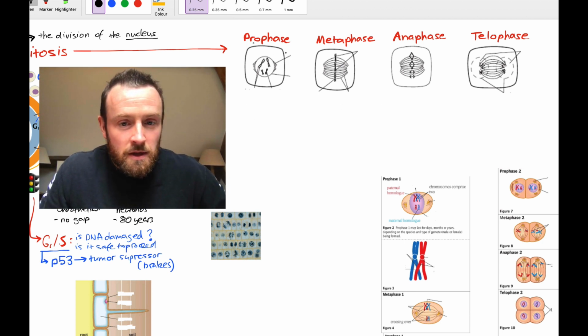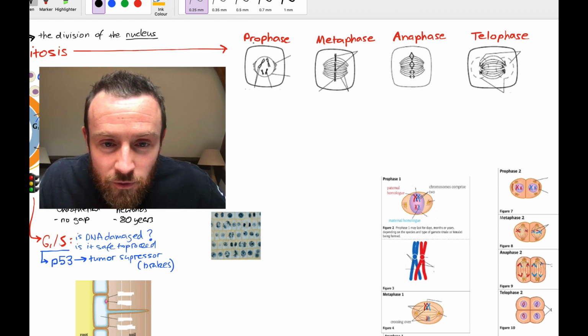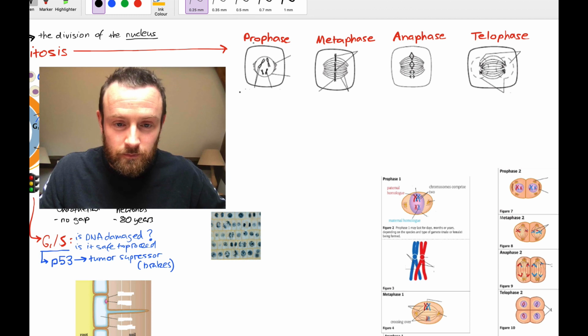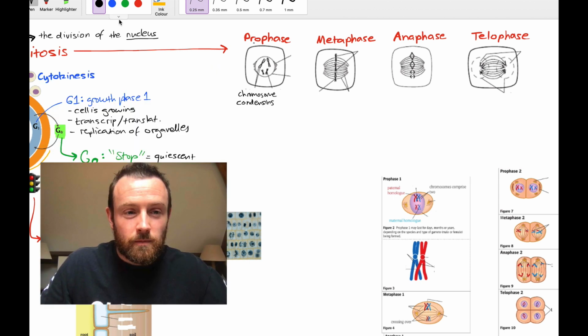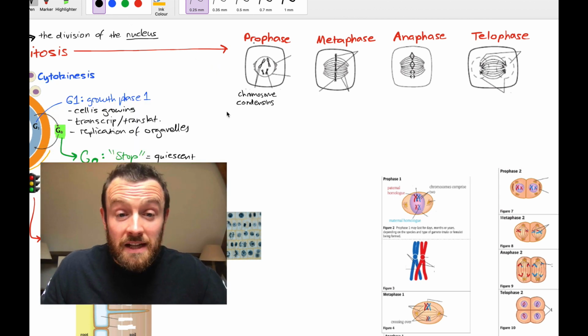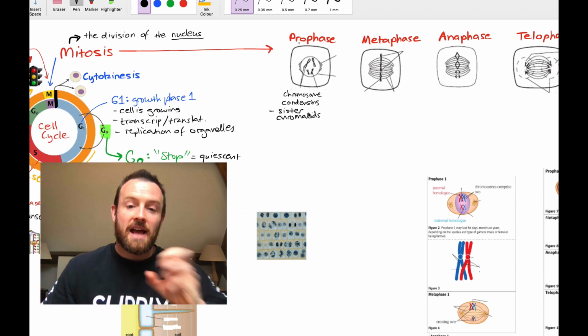So first of all, we've got here in prophase, the chromosome condensing and becoming visible. So the chromosome is condensing and is present as sister chromatids because it's already been replicated at S phase.